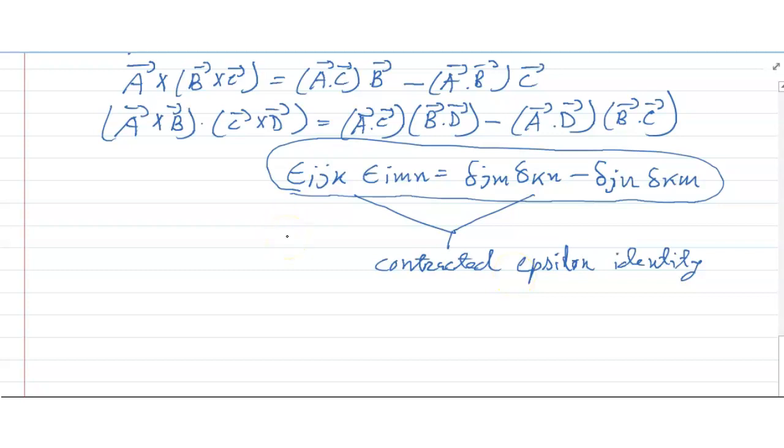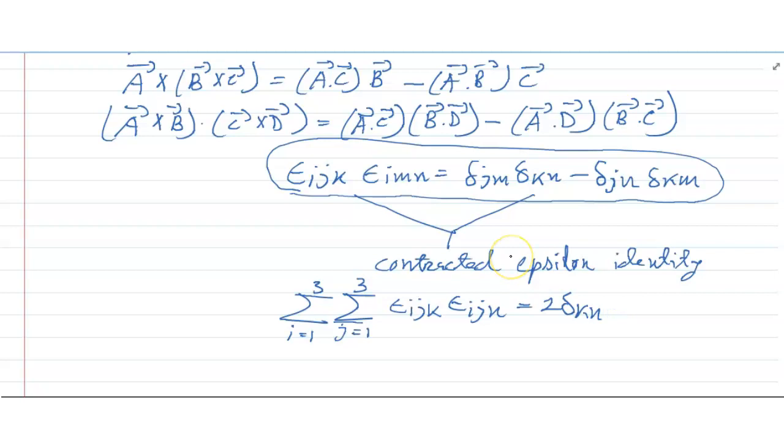Just after that, friends, another property is summation over i equals 1 to 3 and j equals 1 to 3 of epsilon ijk into epsilon ijn equals 2 del kn. This is the three-dimensional formula.